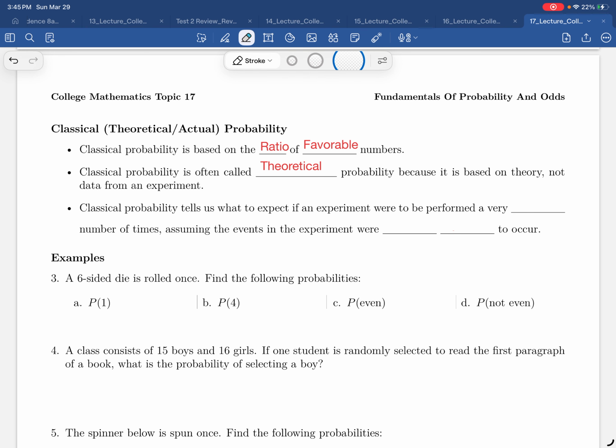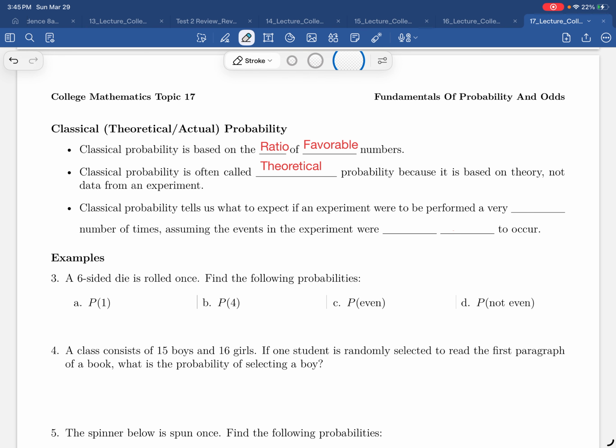Classical probability tells us what to expect if an experiment were performed a very large number of times, assuming the events in the experiment were consistently likely to occur. So remember that in classical probability, you can't do that in the short run. This is just what happens in the long run.